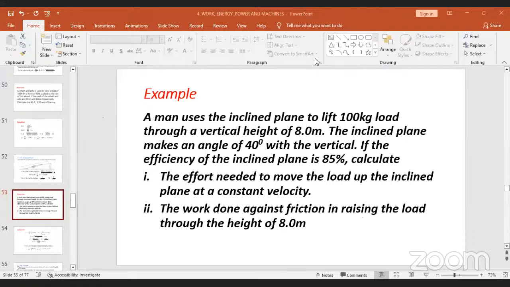I can see effort 756. What about part 2? Part 2, the work done against friction in raising the load through a height of that.